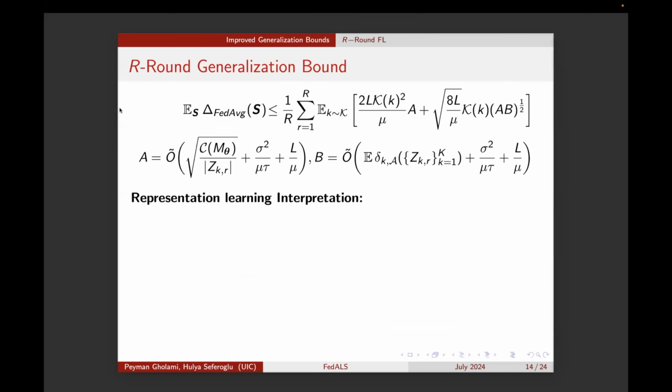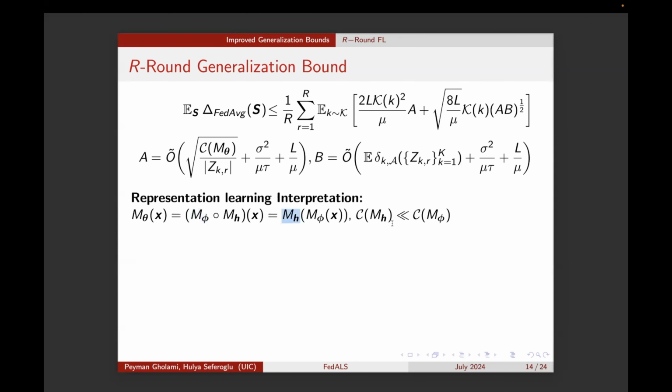And now let's talk about the takeaways from this generalization bound for our federated learning. Remember, in representation learning, we split the model into two parts. The first part, M_phi of x, extracts the representation, and the output of this part is then fed into the head of the model.